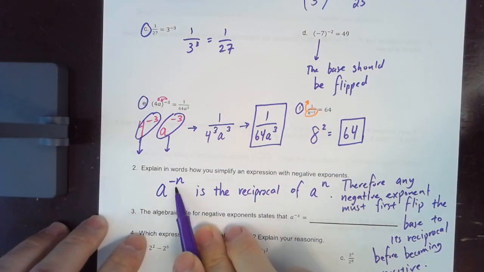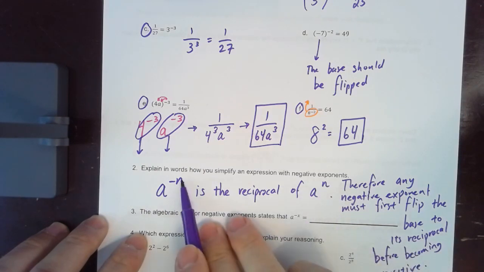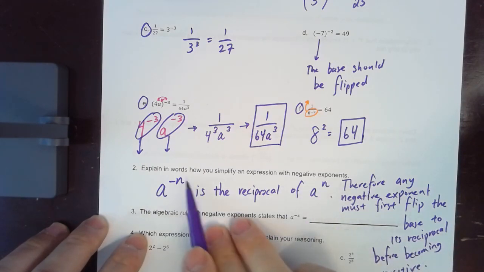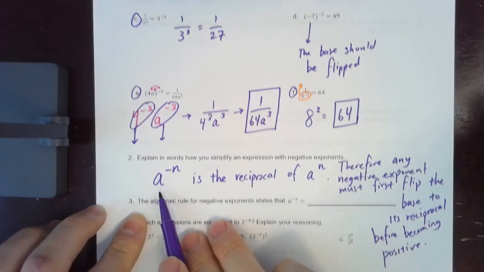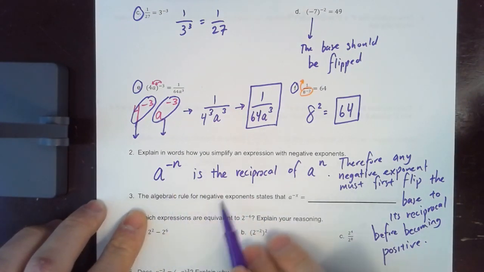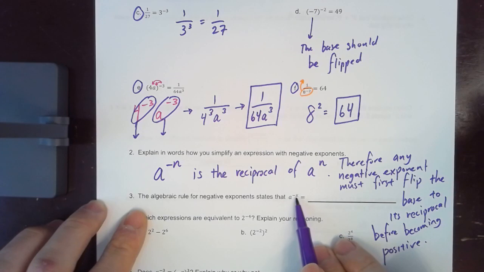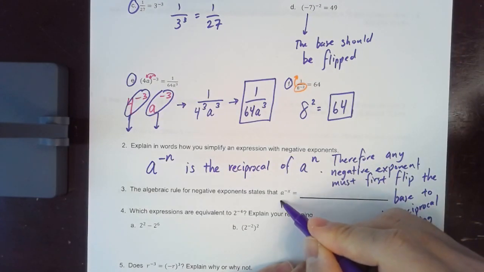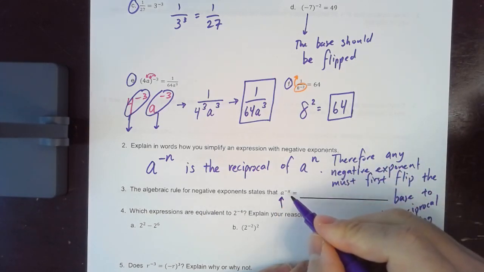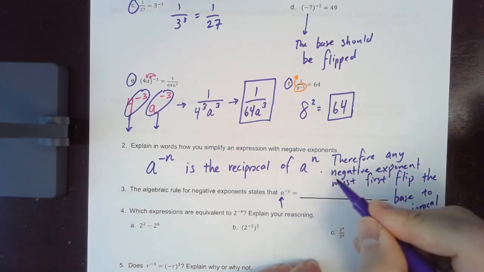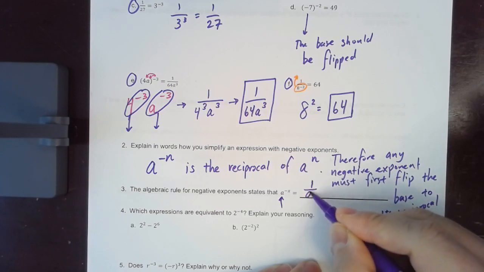What I mean by that, class, is if you want your negative exponent to become a positive exponent, you're going to need to switch the base to its reciprocal, okay? I'll say that one more time. If you want your negative exponent to switch to a positive exponent, you're going to have to switch the current base to its reciprocal. So in this case, instead of a, I'm going to have to convert it to 1 over a.